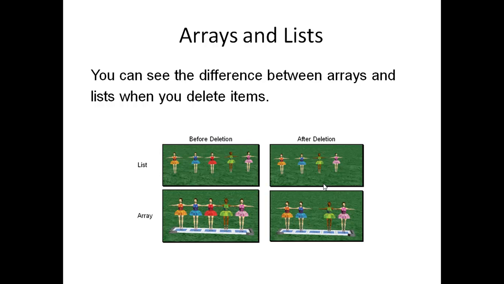In a list, the position will be compacted automatically after removing any data of the list, but in array the position will remain vacant if one item will be removed from the set of data.